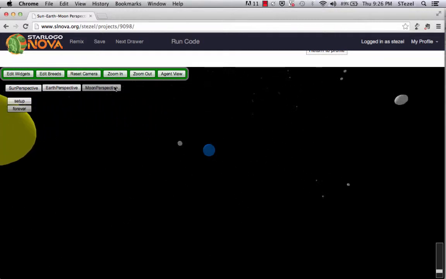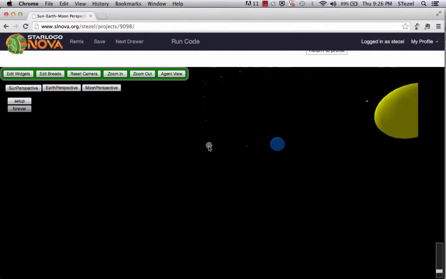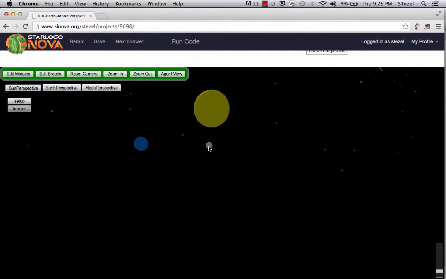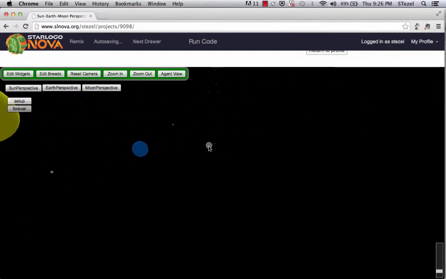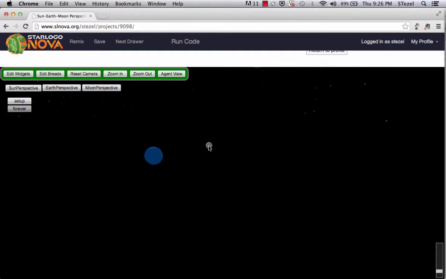But let's shift to the moon perspective. Now, if you keep your eye on this dot, you're going to notice it's always at the center of the screen, so that's not moving. From the moon's perspective, the behavior is even more complicated because the earth is going around it, and then there is also this strange behavior of the sun.